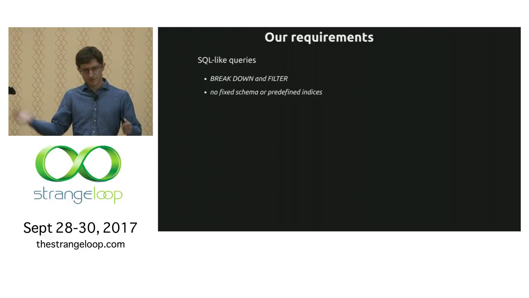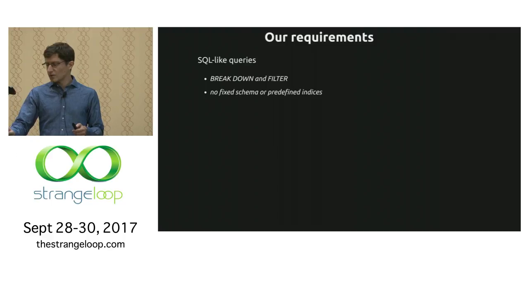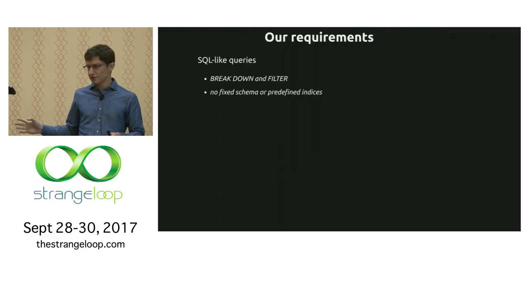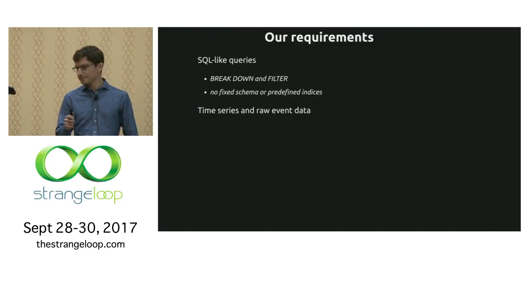And you can filter, which is discard things that don't match the filter. And we want you to be able to break down and filter by any field. You don't have to say in advance, I'm only going to break down by endpoint or I'm only going to break down by user ID. You can make up your mind afterwards. And so you're not predefining an index or setting up a schema and then having to comply with that.